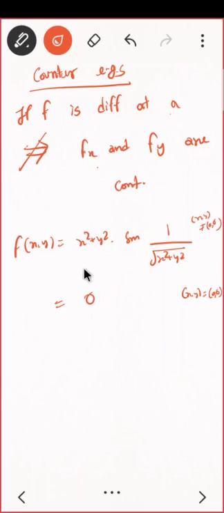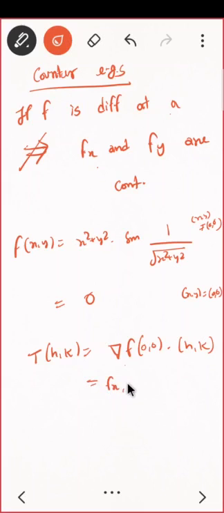If you want to find the total derivative, one more easy method is T of (h, k), which will be delta f at (0, 0) into (h, k). So to find the total derivative, you just have to find delta f at (0, 0), that is fx into h plus fy into k. Correct? So let us quickly find fx and fy at (0, 0).